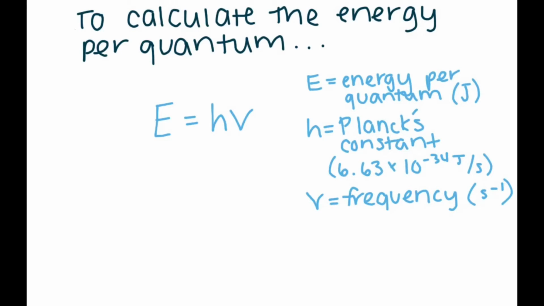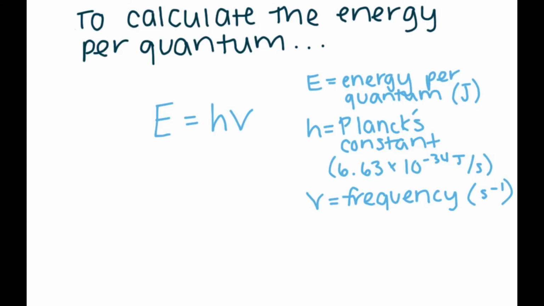So as we see, E is energy per quantum measured in joules. h is Planck's constant, which is 6.63 times 10 to the -34 joules per second. And as we know, this symbol is our frequency, which is measured in seconds to the negative first.